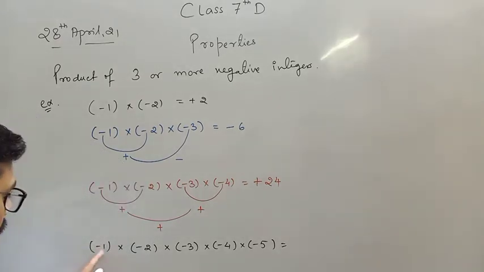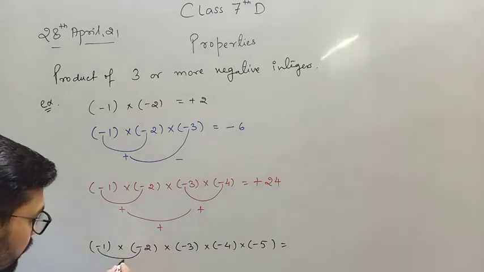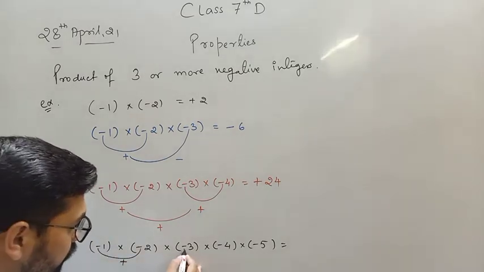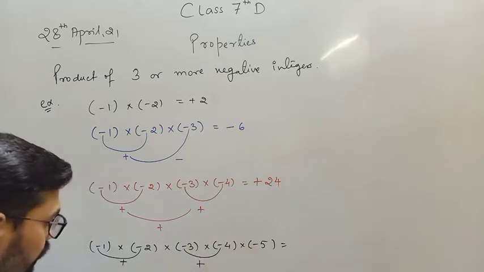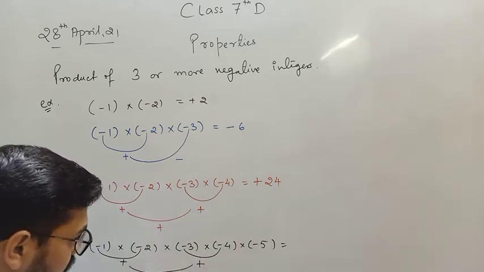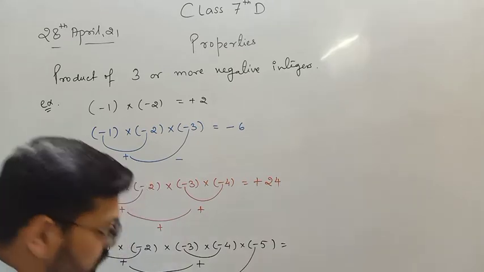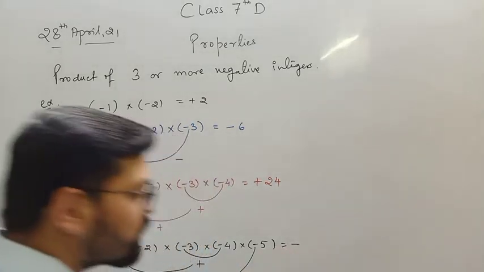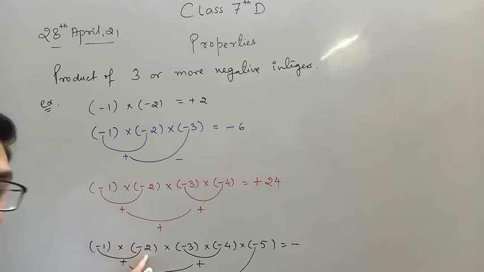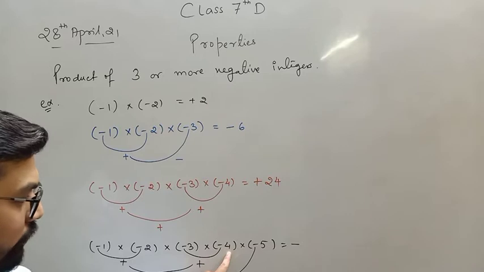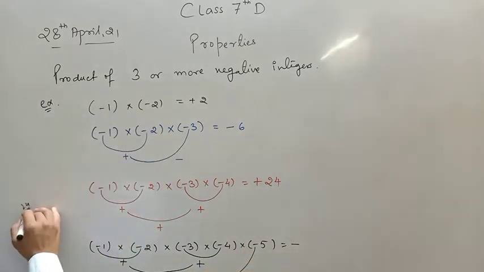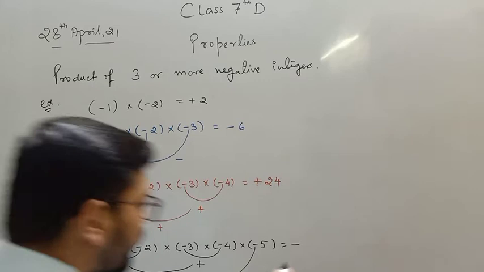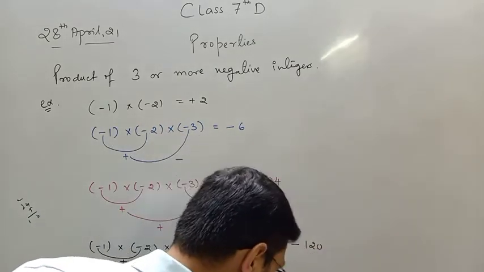Now minus minus will give me plus, minus minus will give me plus, plus plus will give me plus, and this plus minus will give me minus. Any doubt in this? So the net result will be negative. 1 2s are 2, 2 3s are 6, 6 4s are 24, 24 5s are 120. Minus 120 will be the answer.